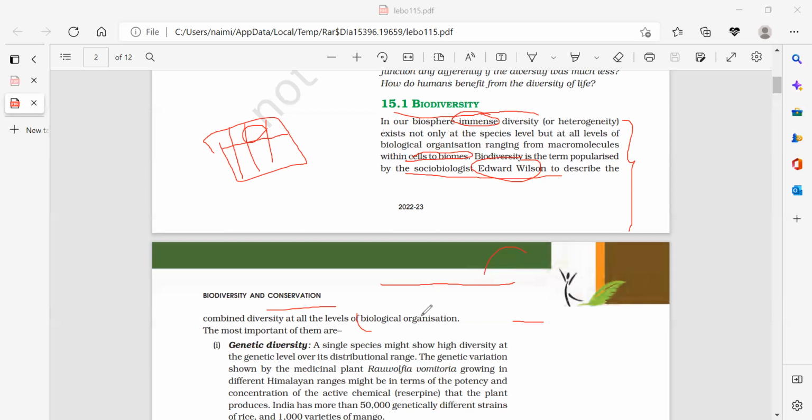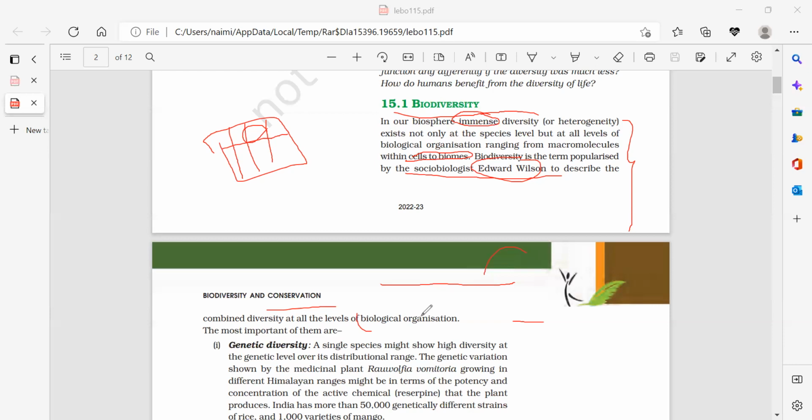We talk only about a single species, and there will be a high level of diversity at the genetic level.